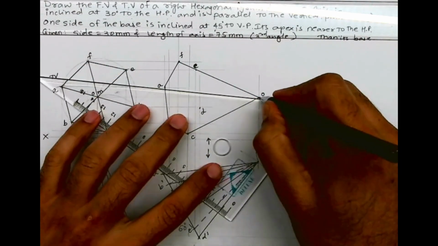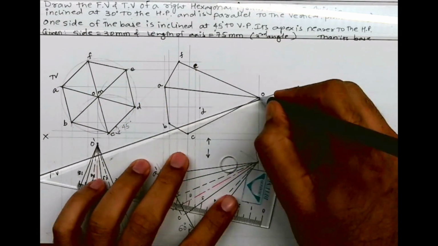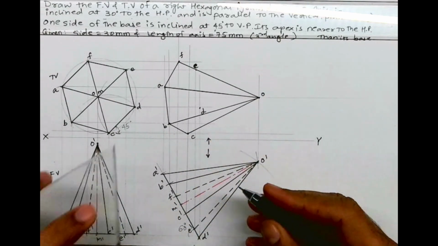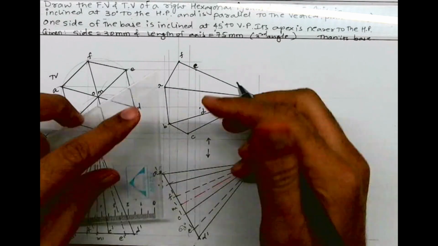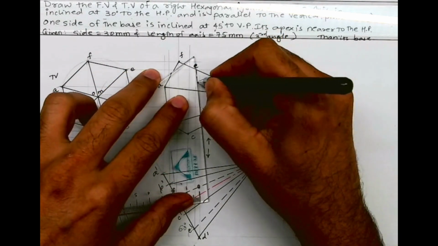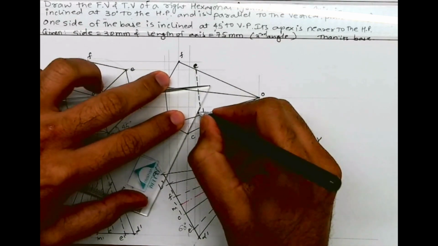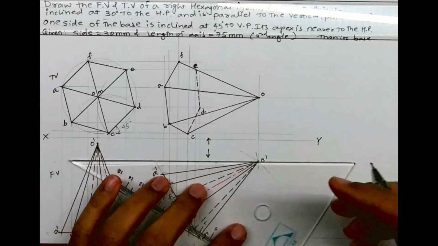Then O to A is dark, O to B is dark. See this. Then this point D is dotted. So line going from D will be dotted. So D to E, D to C and O to D will be dotted.